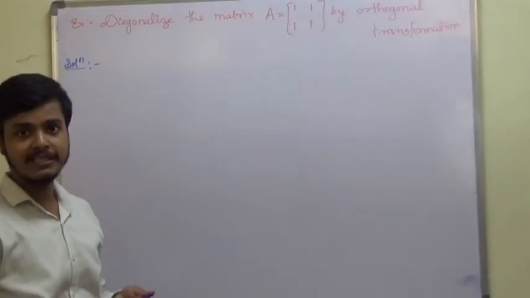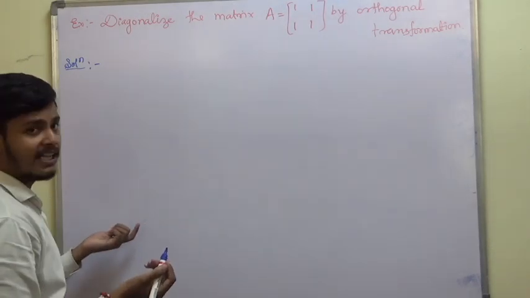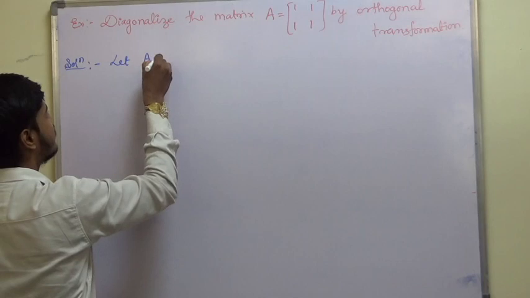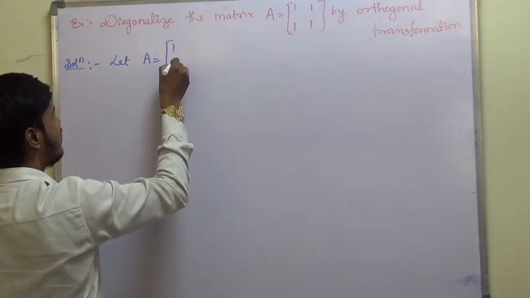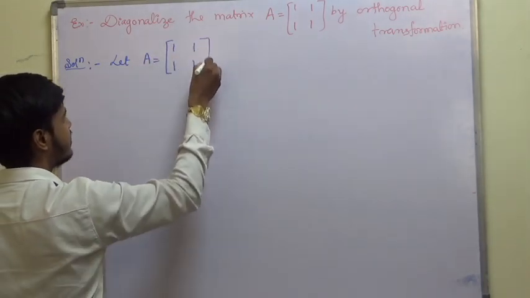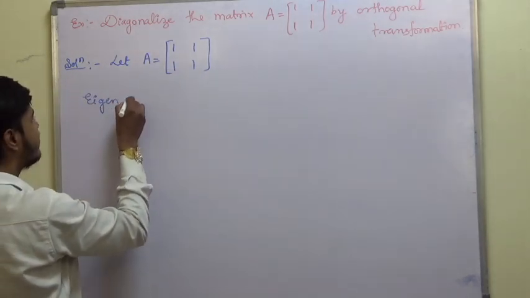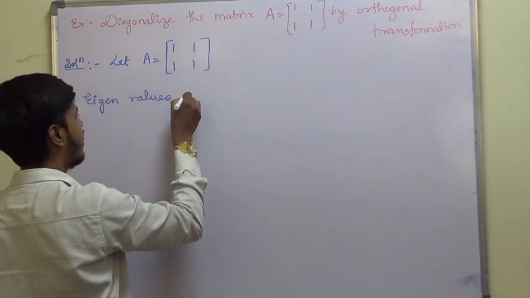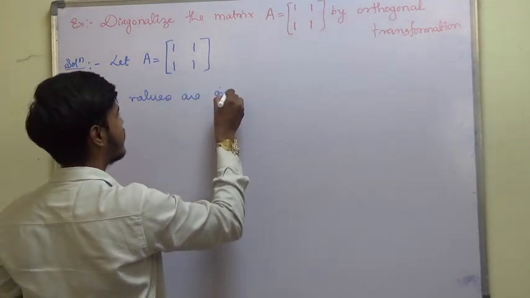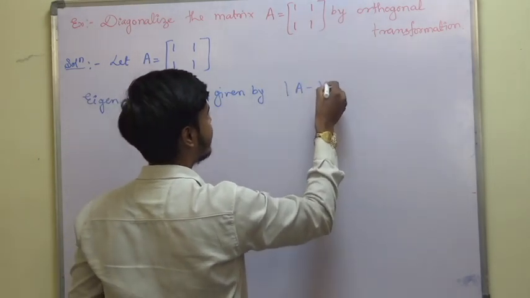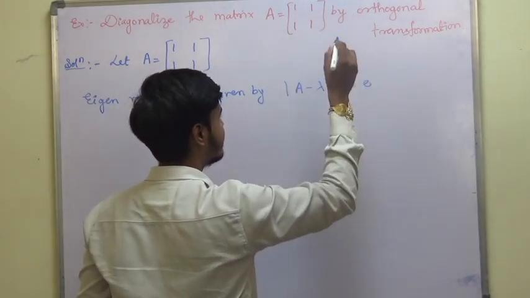What is the first step? The first step is to find the eigenvalues. Let A be the matrix [1 1; 1 1]. The eigenvalues are given by the determinant of A minus lambda I equal to 0.